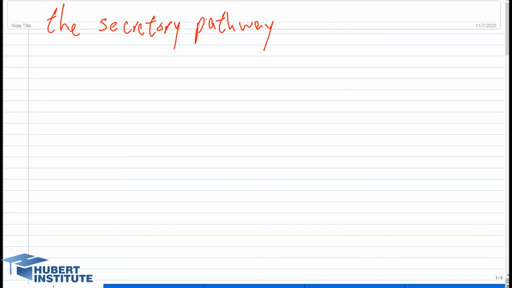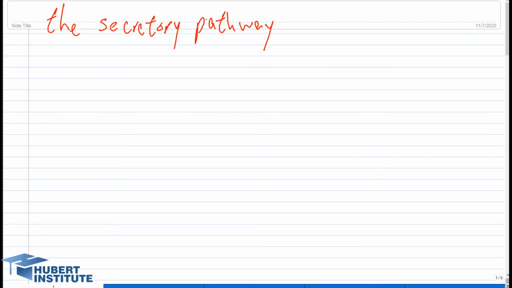But those that need to follow the secretory pathway have what is called a signal sequence. That signal sequence is detected early in translation and will cause the polypeptide that is being synthesized to be pushed into the rough endoplasmic reticulum, where translation is completed.